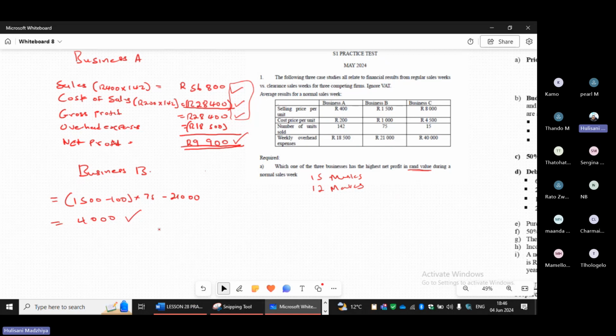So remember, the question will tell you under which section it falls. If it falls under the financial statement section, which is the income statement section, use the income statement approach.